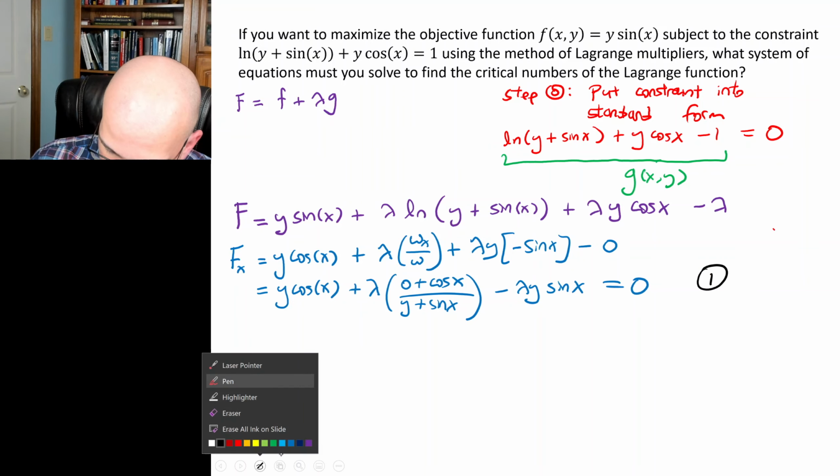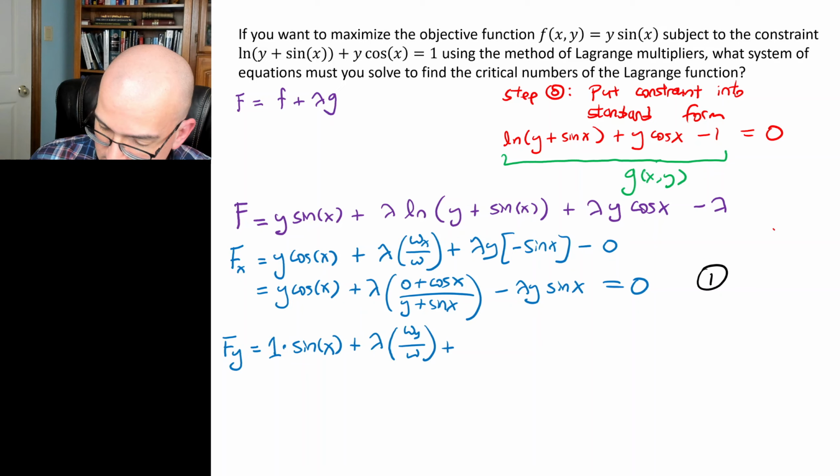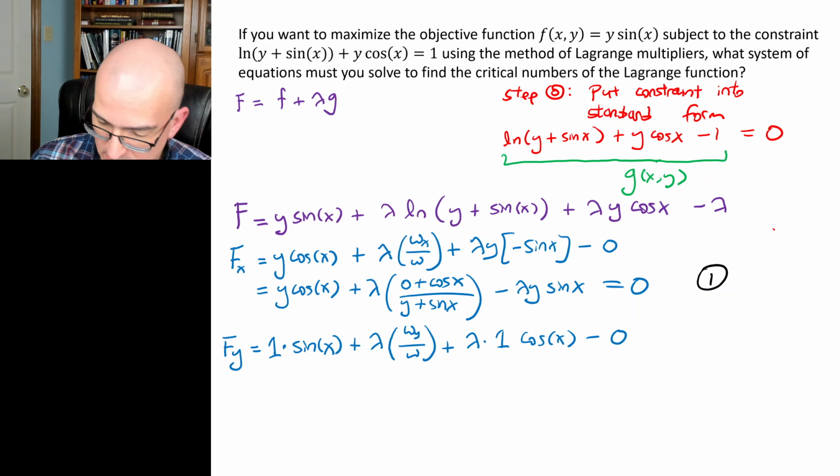Here's our second equation, the y derivative. So we have 1 times sine of x plus lambda times w sub y over w plus lambda times 1 times cos of x minus 0. And then I'll clean this up.